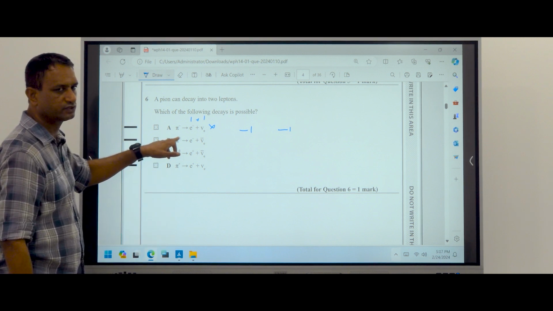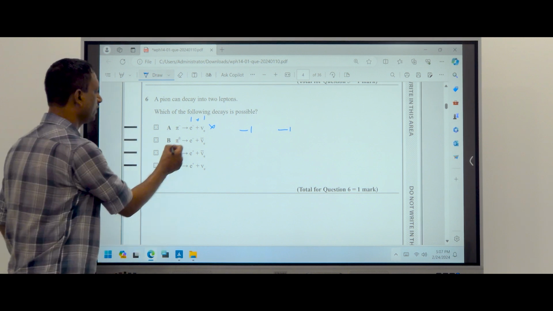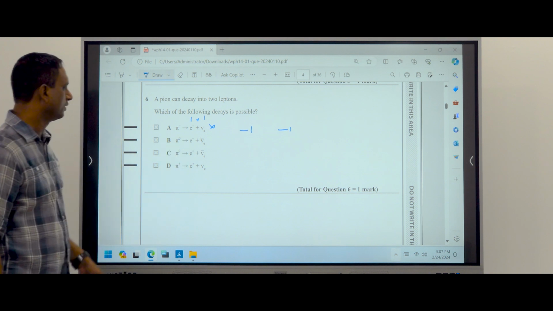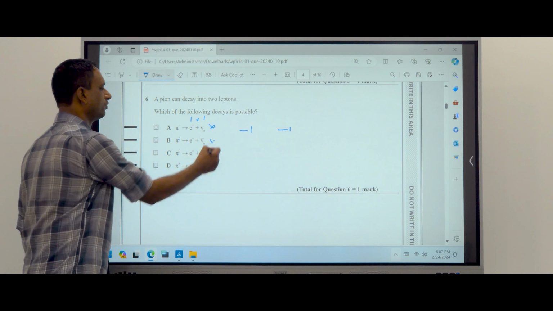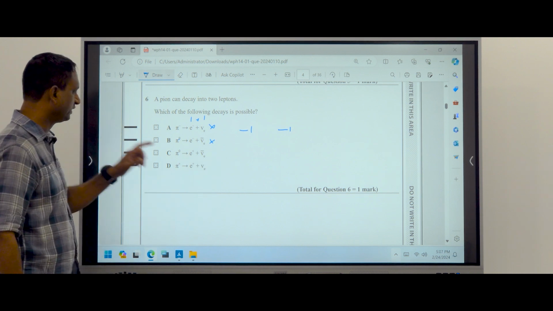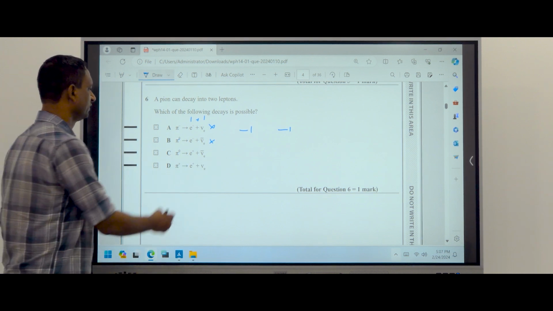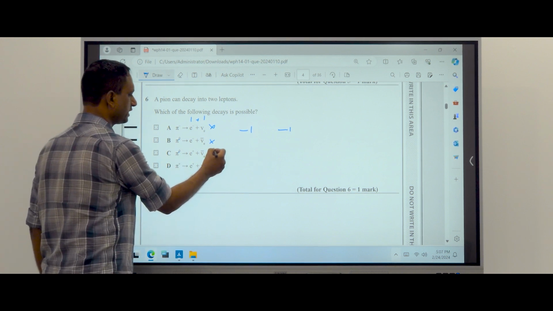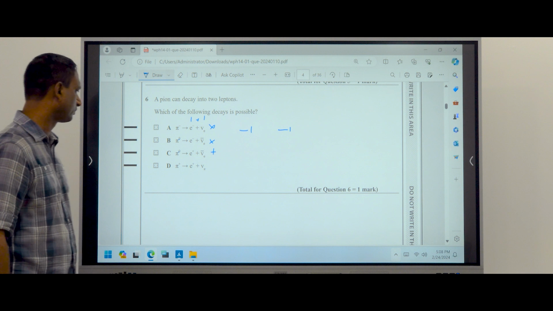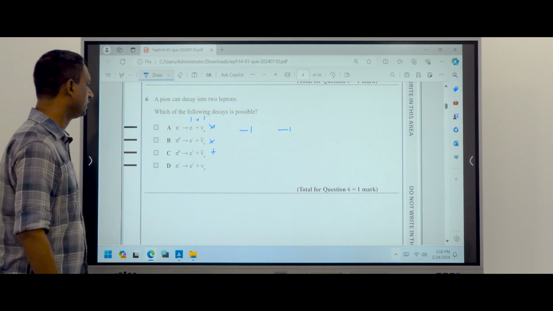Here pi 0, charge is 0. The other side charge is minus 1, charge is not conserved, so wrong. This one also wrong because charge is 0 here and the other side charge is positive, so charge is not conserved.